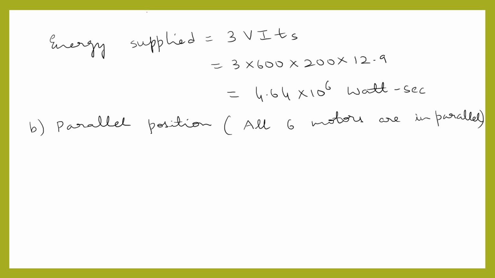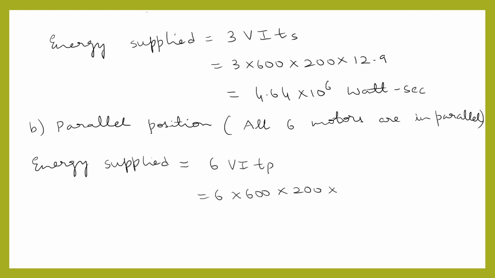So we have energy supplied given by 6 VITP, that is 6 into 600 into 200 into 14.3, which comes around 10.3 into 10 to power 6 watt second.